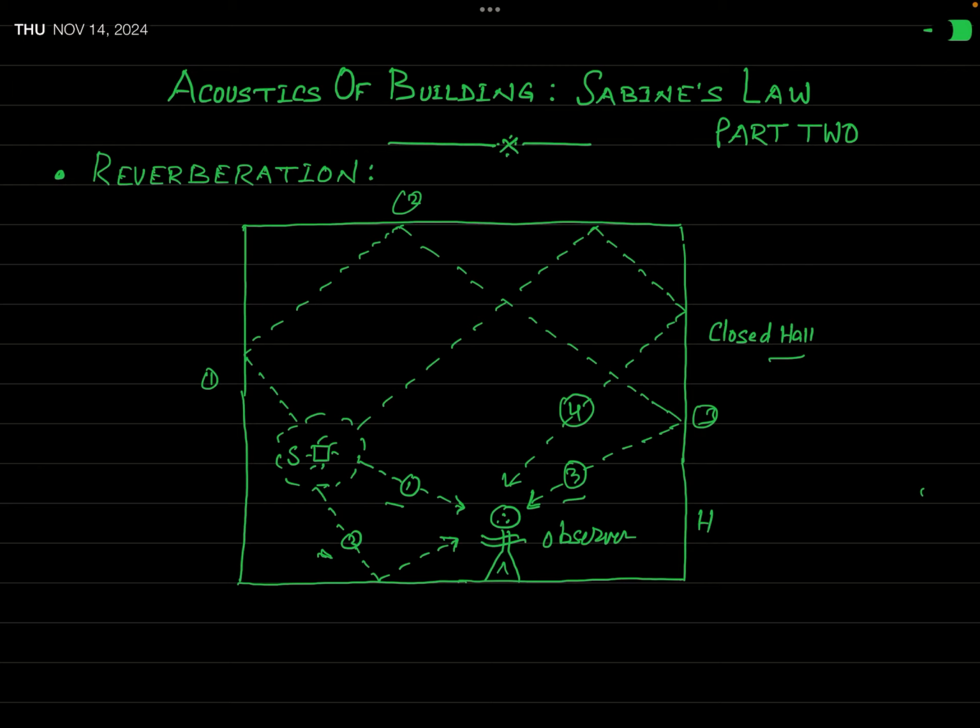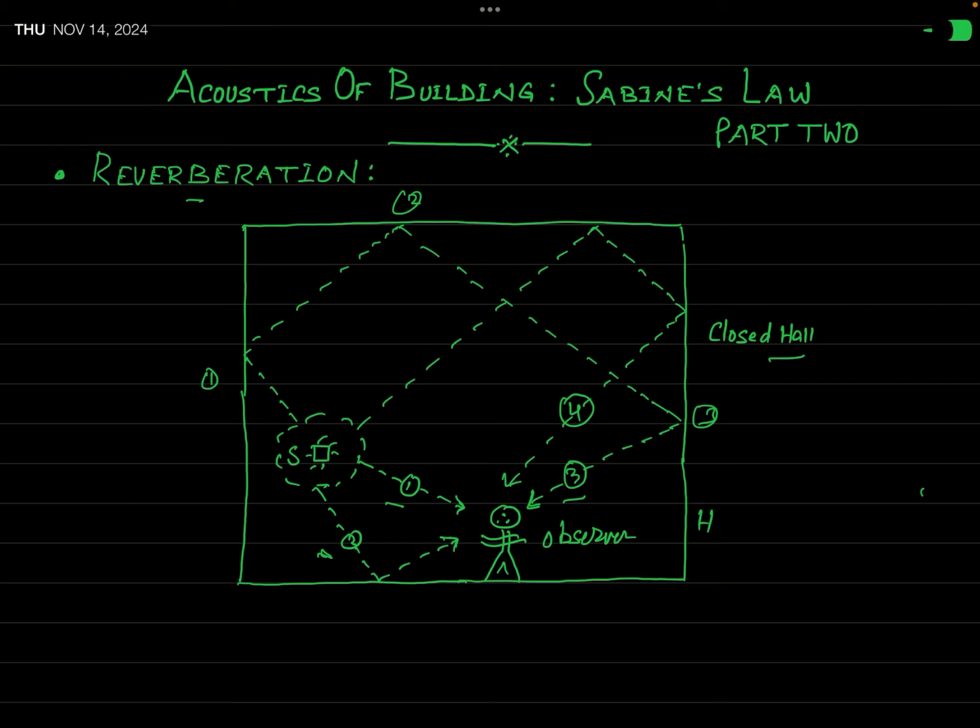First of all, I introduced a very important term called reverberation. What is this reverberation? It plays a vital role in the acoustics of building, and we have already learned it. If there is a source of sound in a room and there is an observer also inside that closed room, enclosure or hall, then the sound wave produced by the source suffers multiple reflections from the different walls, floors and ceilings, and after suffering multiple reflections, the observer receives it.